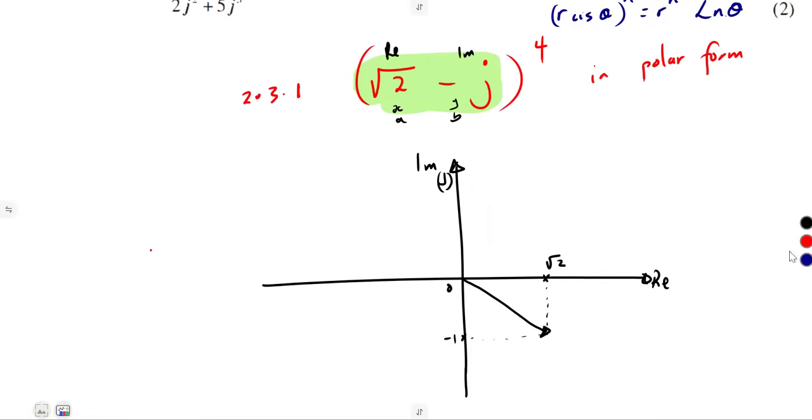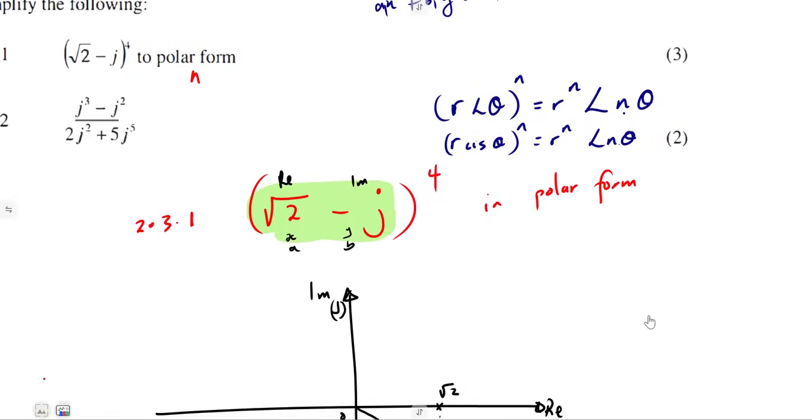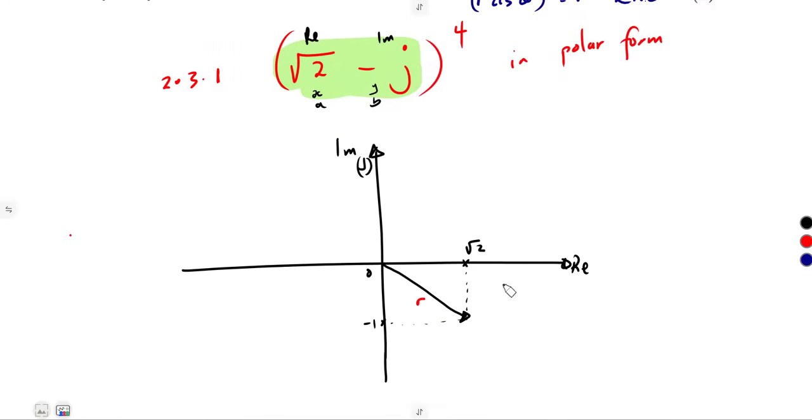And from this, that is your r there. The theta, our argument, here is supposed to be an acute angle. There are two angles in this triangle. There's an angle inside, which is our acute angle.